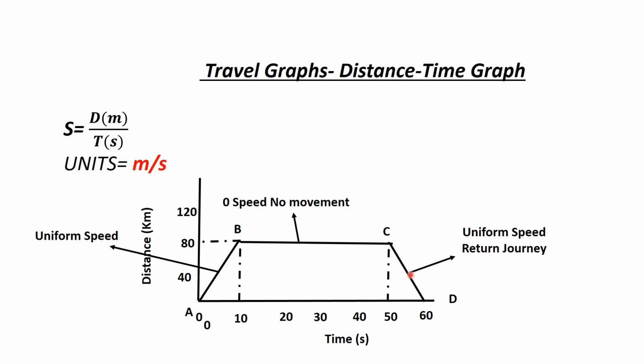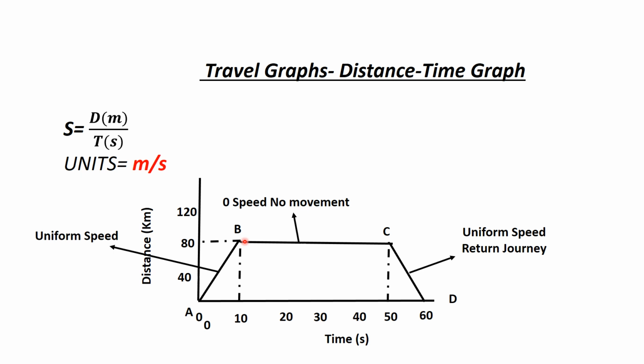Time is increasing but distance is reducing. If distance is reducing and time is still increasing at the same rate, then we can say the speed is reducing. But what you should take from here is this part has uniform speed, the same as this part: uniform speed, zero speed.